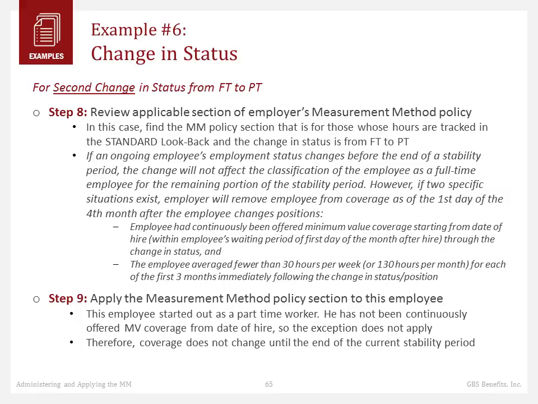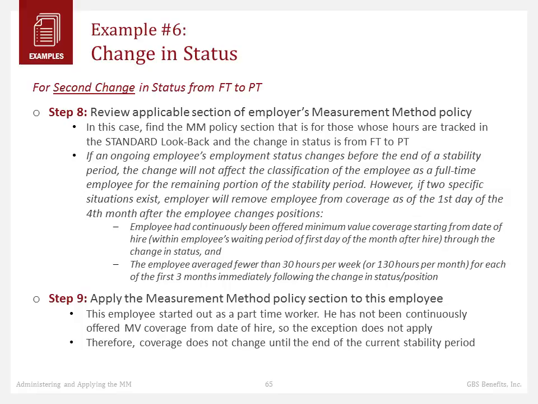So let's apply this actual policy that is written in this employer's measurement method policy to this particular employee. This employee started out as a part-time worker, so this exception doesn't apply because he's not been continuously offered minimum value coverage from the date of hire. He wasn't offered coverage because he was part-time.